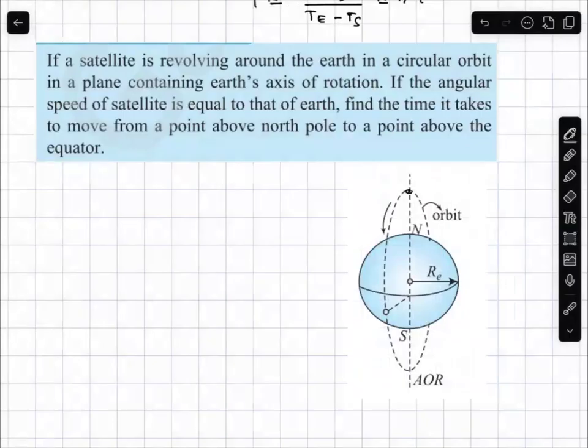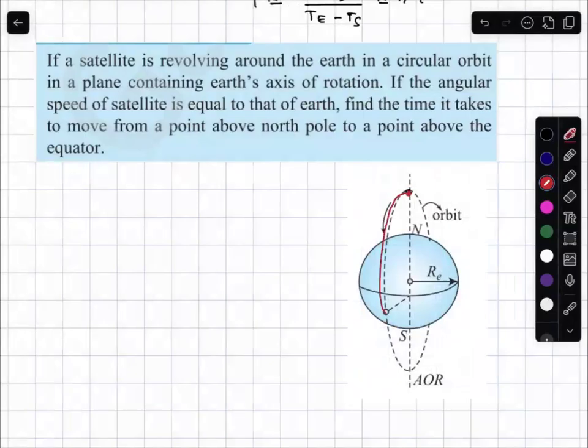So from here to here, which I can write as 1/4 the time period. That's it. So this time is 1/4 the time period of rotation of the earth. 24 by 4, 6 hours.